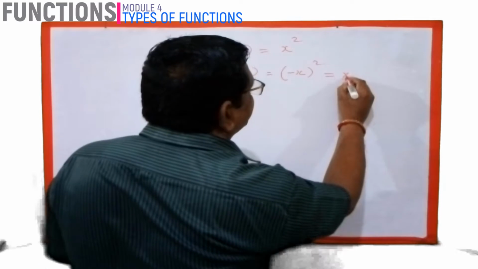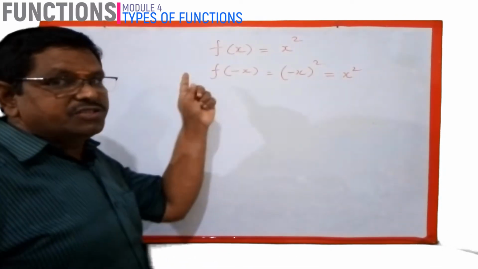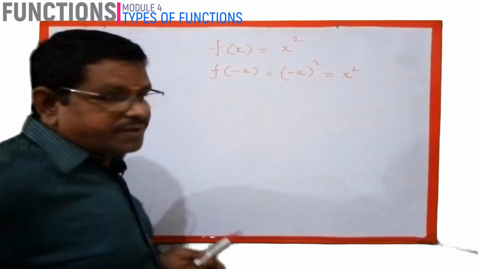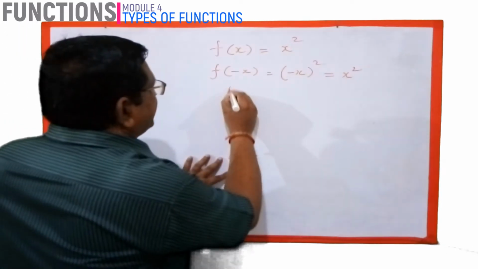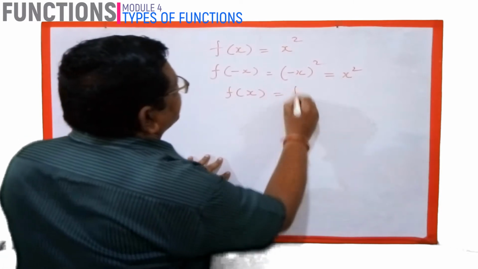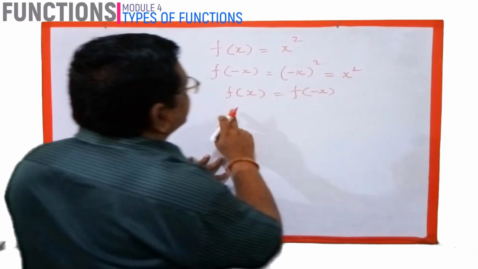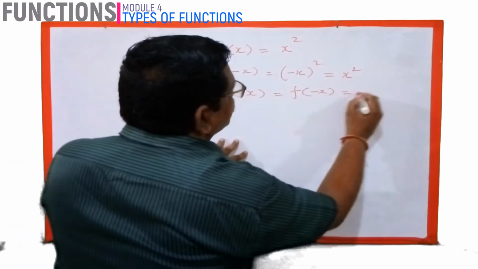So it will again become x square. Now compare these two. f of x is x square, f of minus x is also x square. So f of x and f of minus x both are equal in this case.